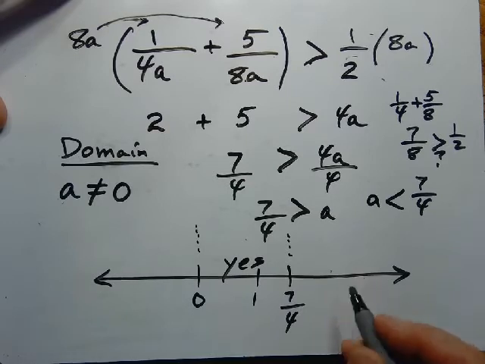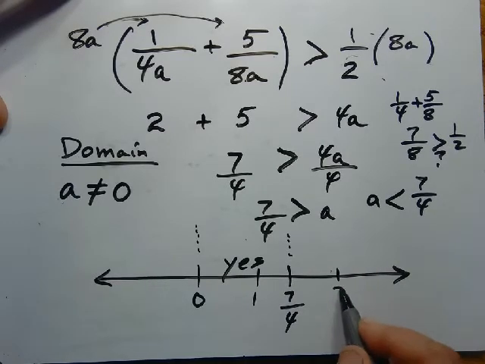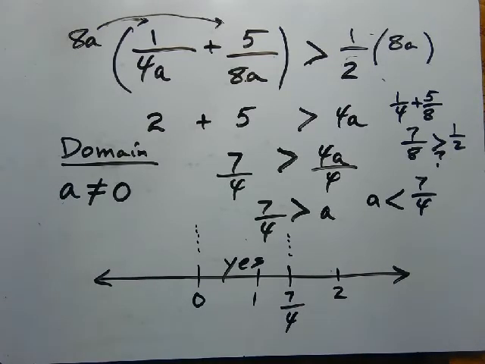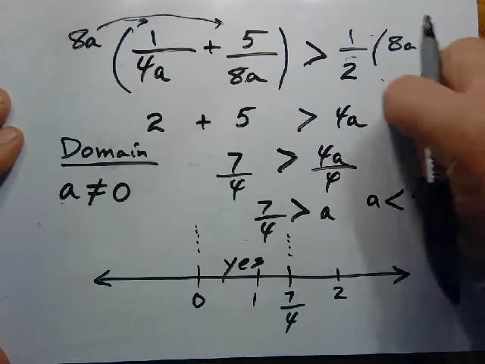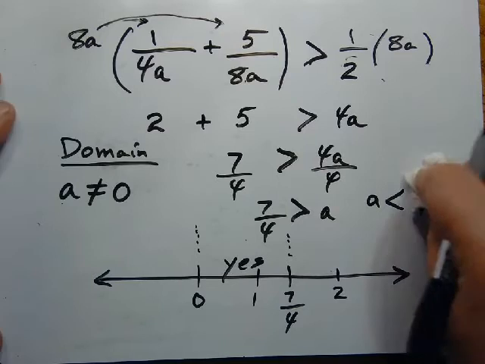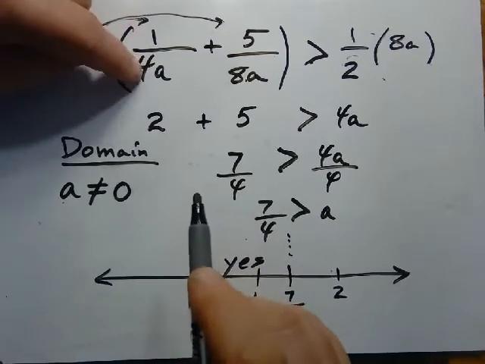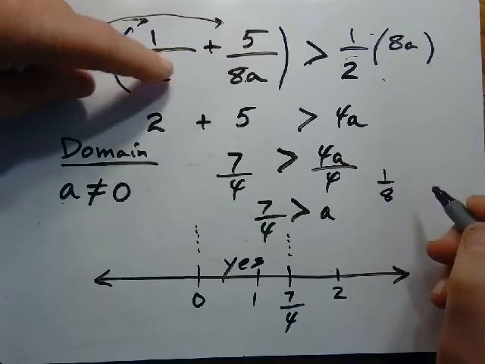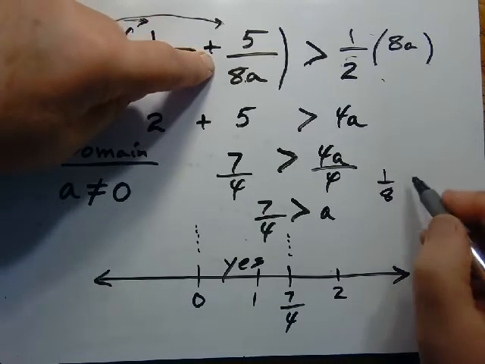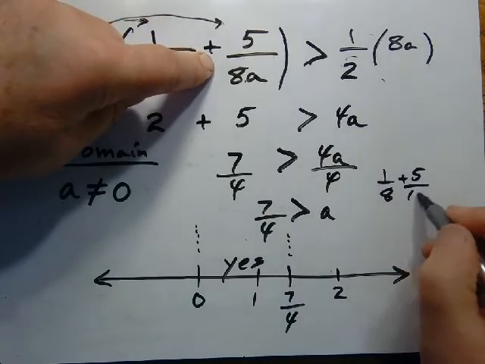If we try a number up here, say 2, let's put 2 in there and actually do the calculations again. I'm suspecting this won't work up here. This will not work. Let's find out, okay? 1 over 4 times 2 is 8, 1/8. Plus 5 over 16, 5/16.